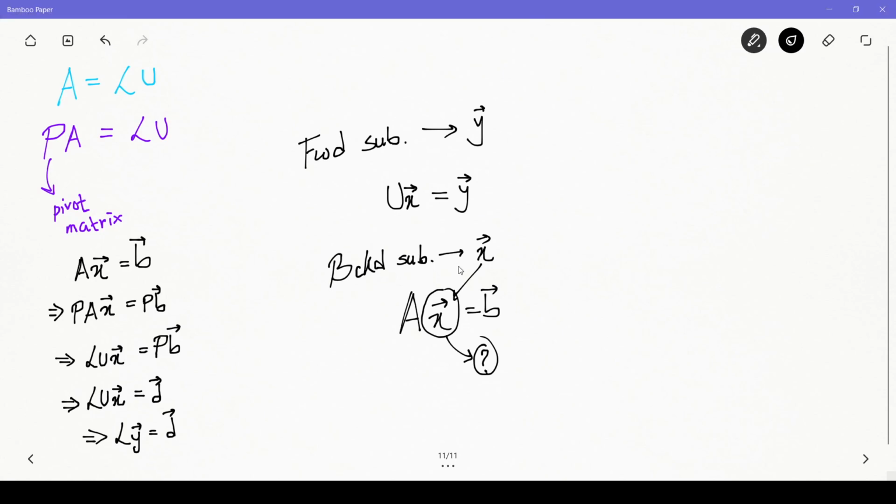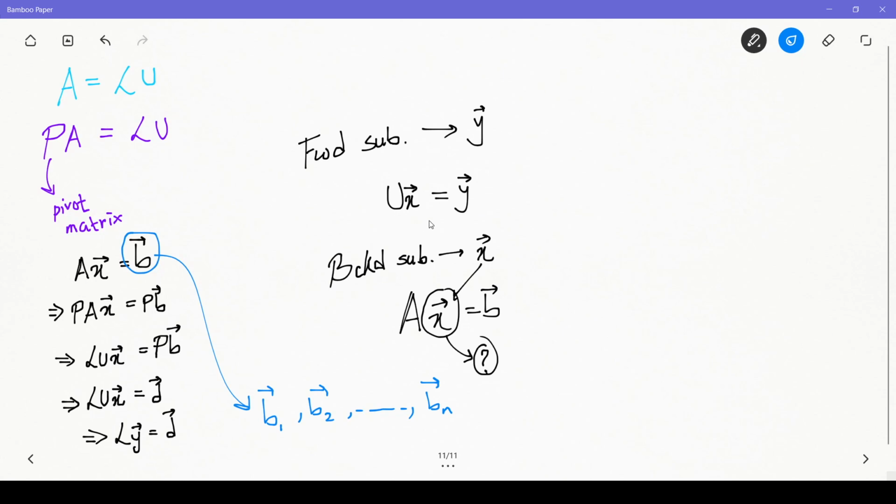And the extra advantage here is that if you have multiple values of b, so let's say for b you have b1, b2, and so on up to bn, n such b vectors, you don't need to perform Gaussian elimination every time, right? If you perform LU decomposition once and keep track of your lower triangular matrix and upper triangular matrix, you're good to go.